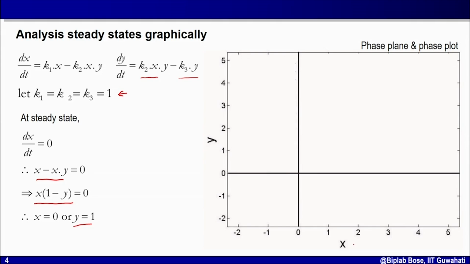So I have plotted x on the horizontal axis and y on the vertical axis. Any point on this xy plane is the value of x and y at that moment. As time changes, the value of x and the value of y will change as per the given ODEs, so we will get multiple points and these points will keep on moving.